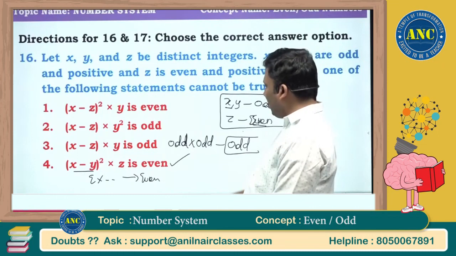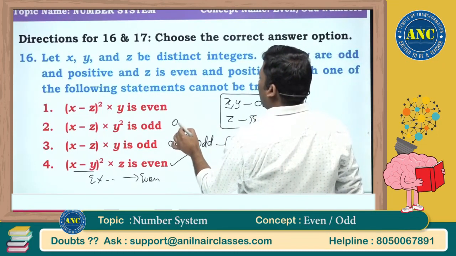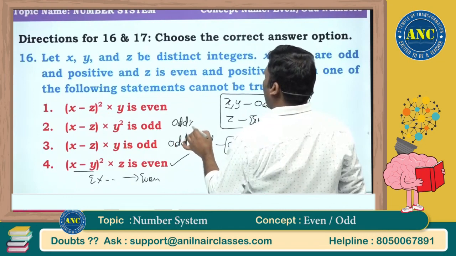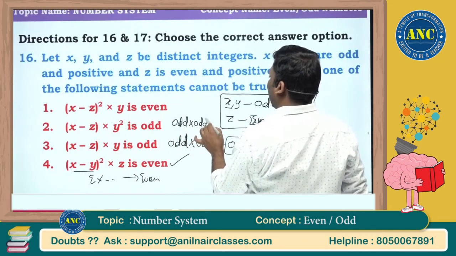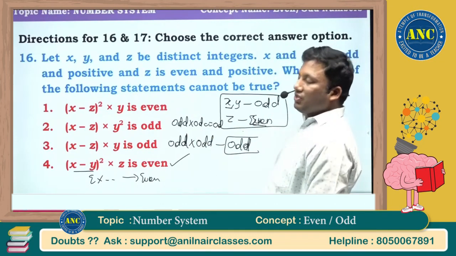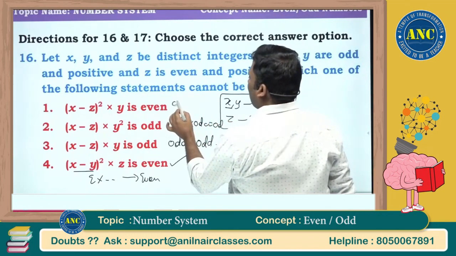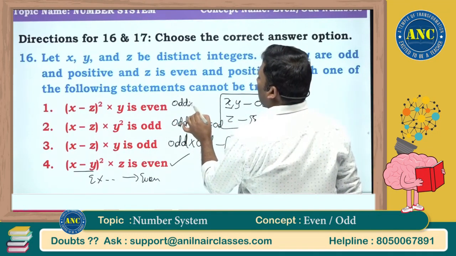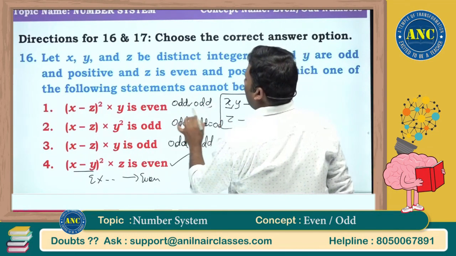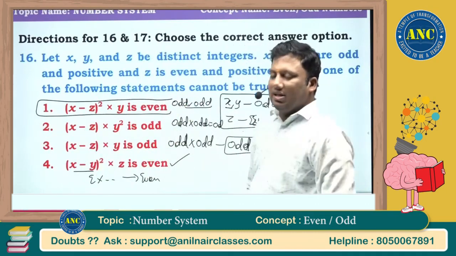I hope it is clear. Next, x minus z, odd minus even, is odd. Y is also odd. Odd into odd is definitely odd. Odd into odd is odd, which is given as even. That means the first statement is definitely incorrect.